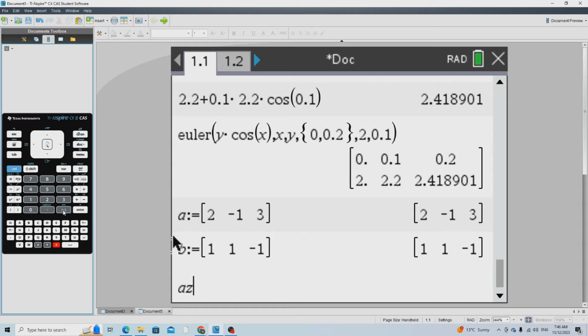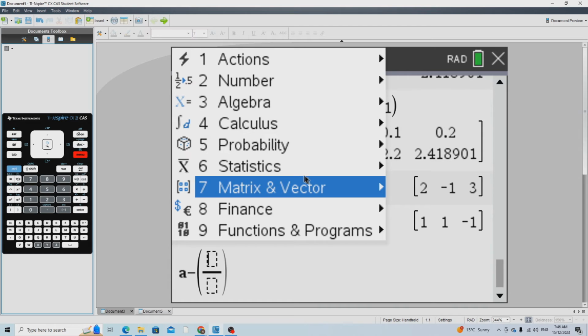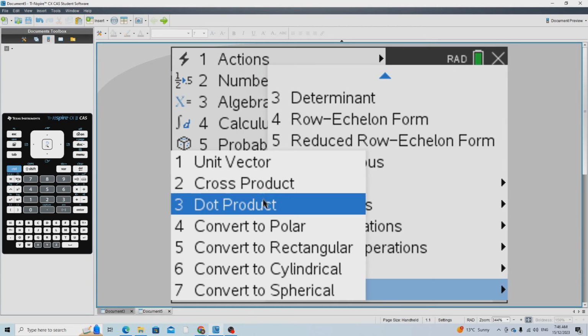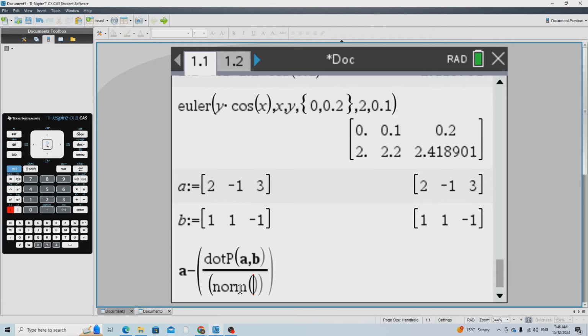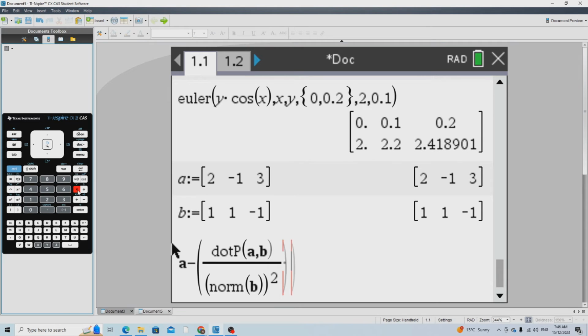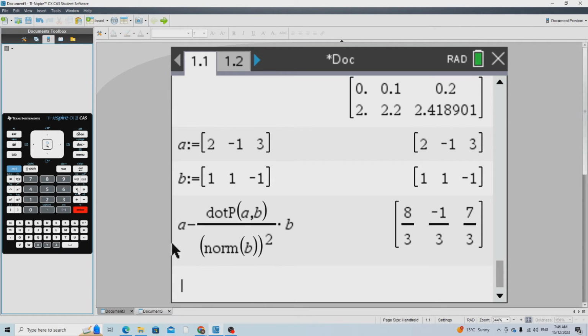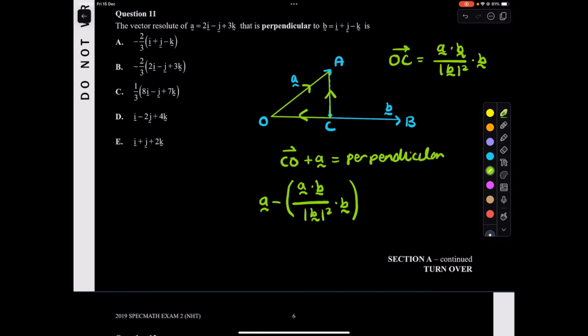So it's going to be vector A minus the dot product of A and B over the norm, remember, the norm is the magnitude of B, squared, times B. Enter, and this is your answer. So let's look at which one that is. C is your answer for that one. They've just taken a common factor of 1/3, so same thing.